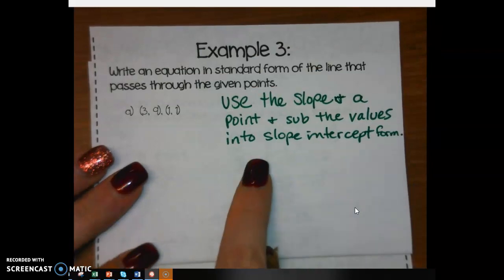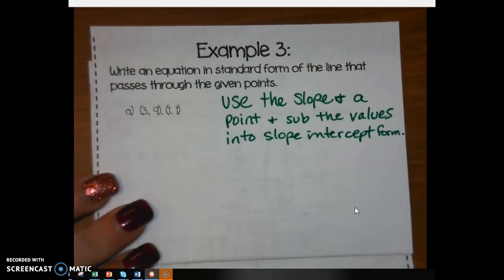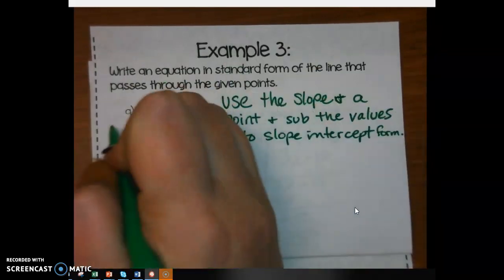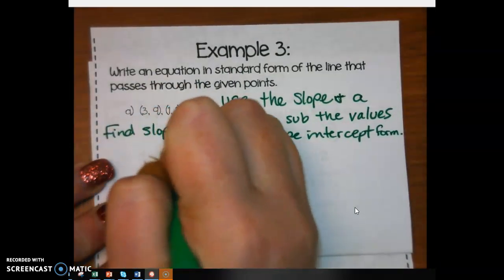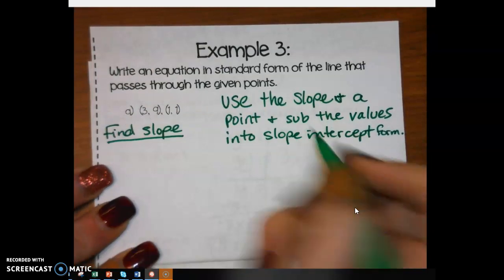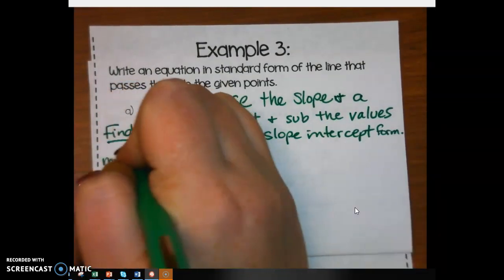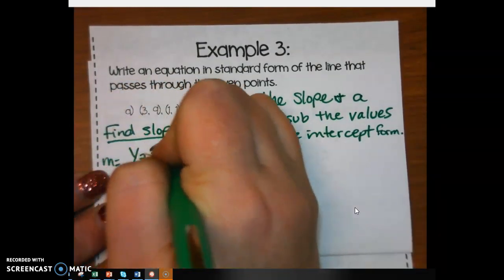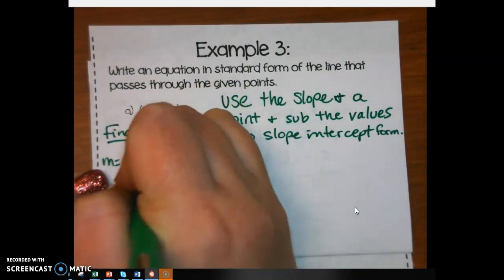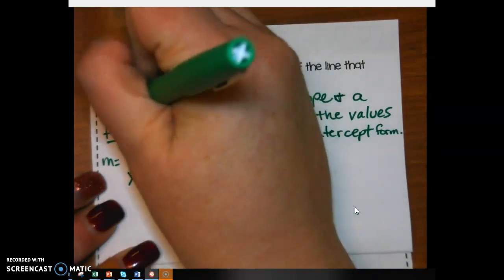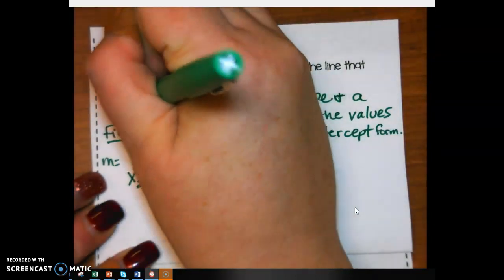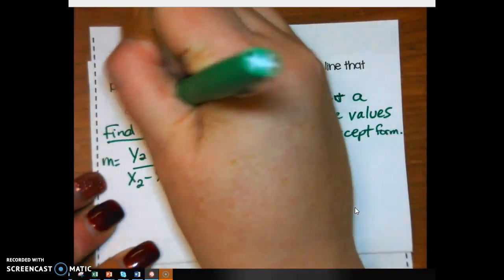Okay, so, for example 3, when you're given 2 points, you have to first find slope. Remember how to do that? m equals y2 minus y1 over x2 minus x1. Okay? x1, y1, x2, y2.